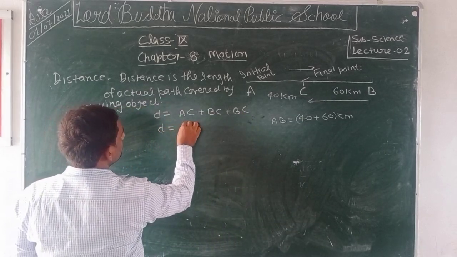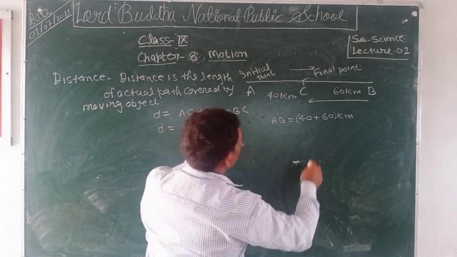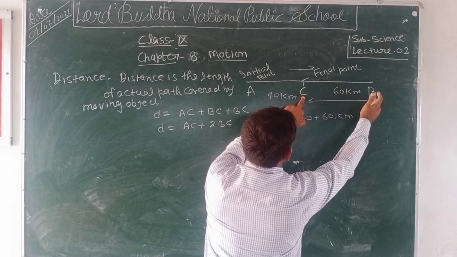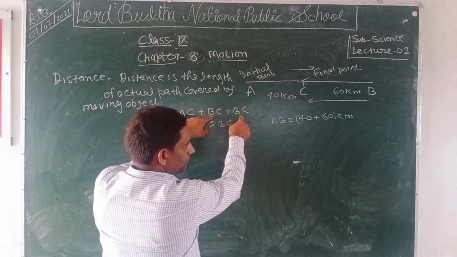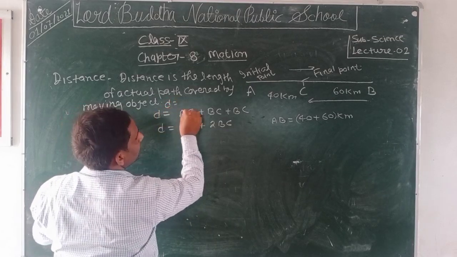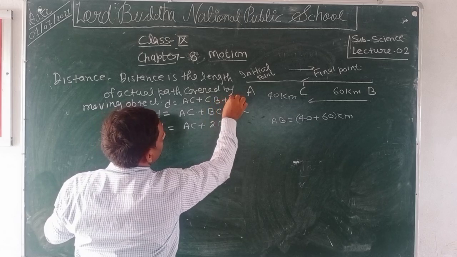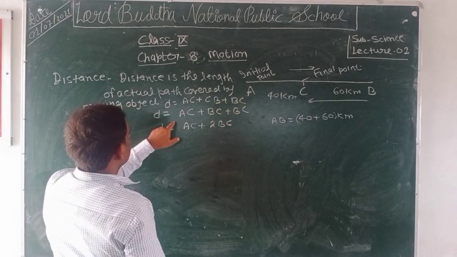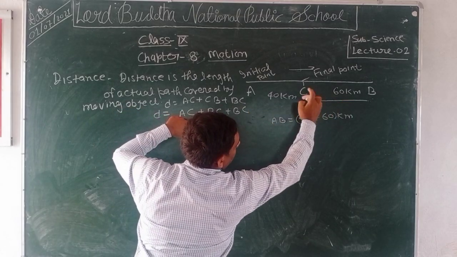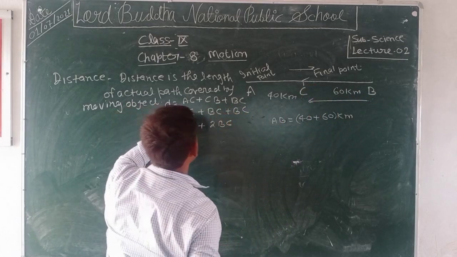So D equals AC plus 2 BC, because the distance between CB and BC is the same.